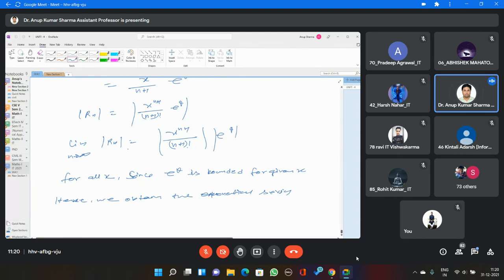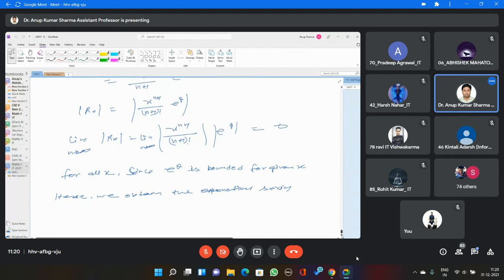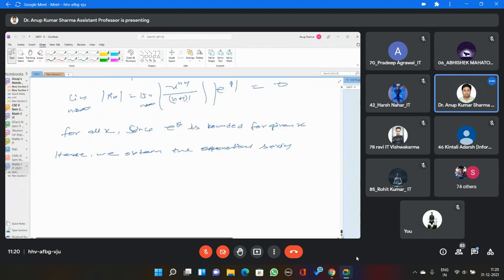That means the limit as n tends to infinity is equal to 0. This term is bounded because of factorial n plus 1. So e to the power x is 1 plus x upon factorial 1 plus x square upon factorial 2, like that it goes on.